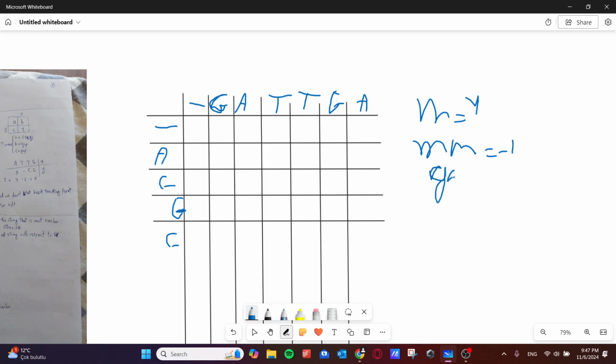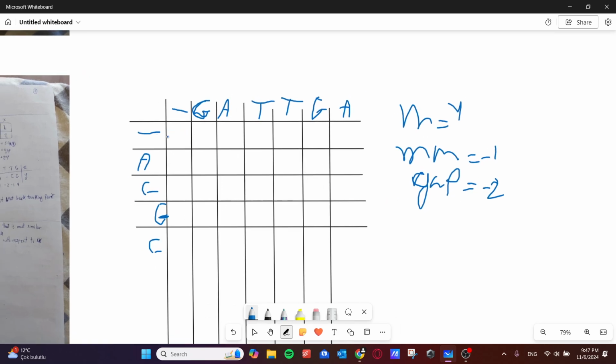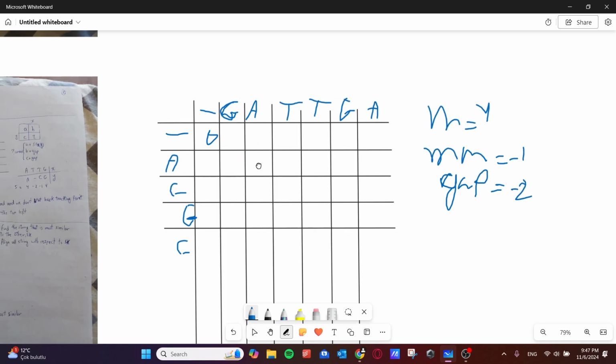The gap. So if you remember, in the global we put here 0, then we start with the gap score, -2, -4, but here it's not the same because this is local.